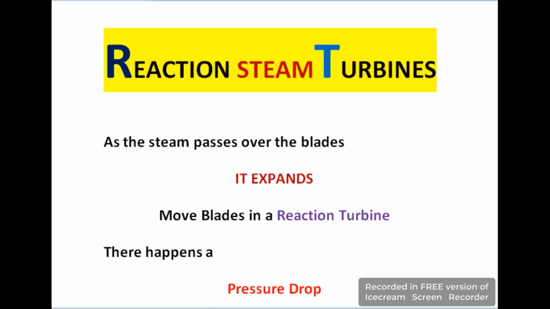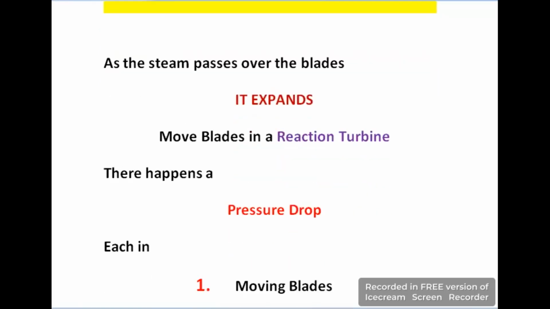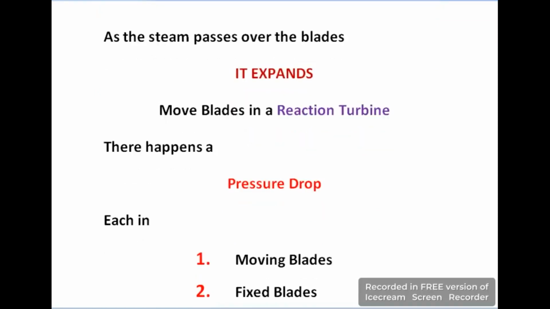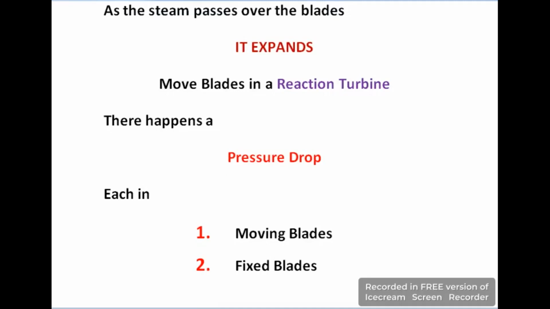The second type is reaction steam turbine. As the steam passes over the blades, it expands and it moves the blades. So here in this turbine, pressure drop is produced. It is produced due to each of the moving blades and also due to the fixed blades.